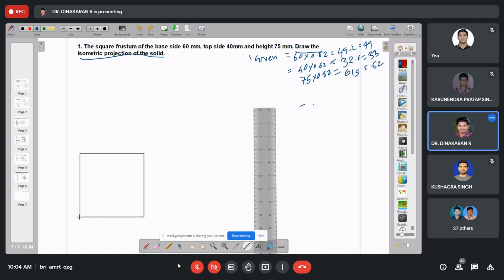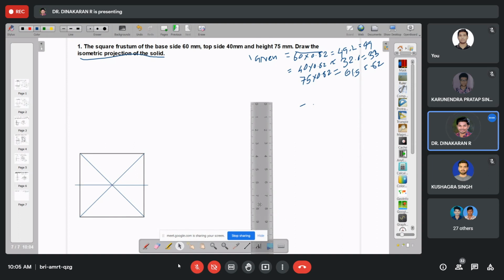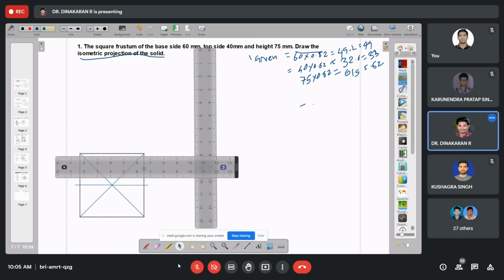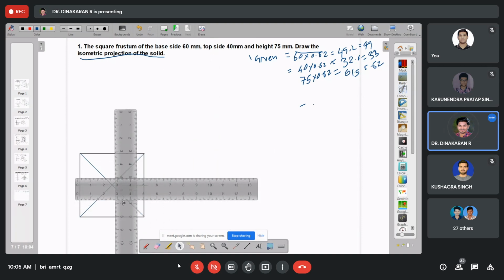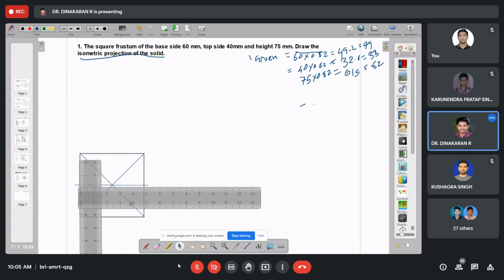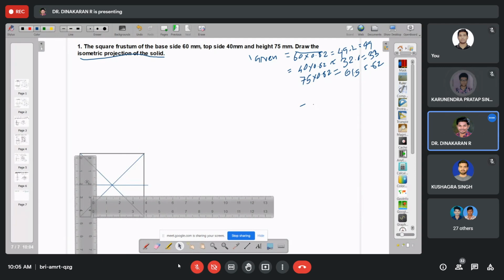The top side is 40 mm, so 33. 33 divided by 2, how much is coming? 16.5.